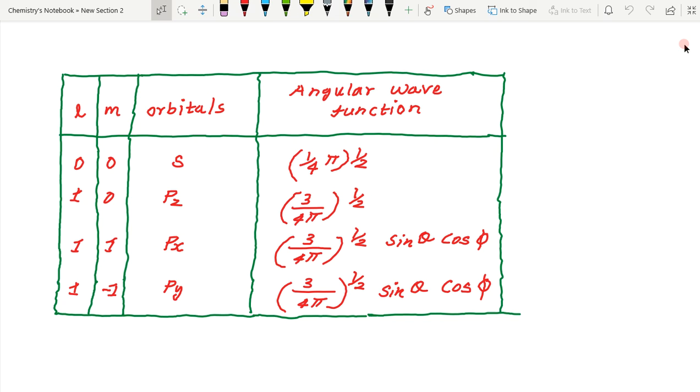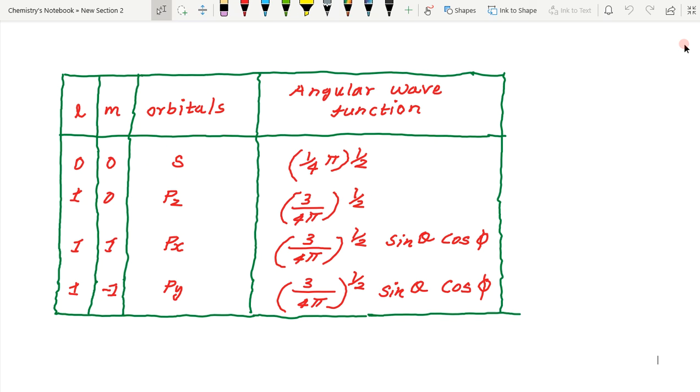Angular wave function is 1 upon 4 pi to the power 1 upon 2. l is 1, m is 0 at p orbitals, pz. Angular wave function is 3 upon 4 pi to the power 1 upon 2.